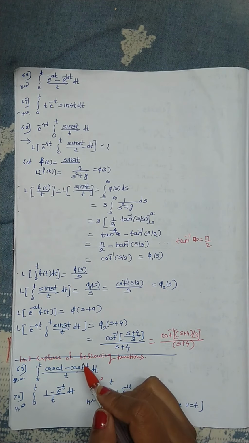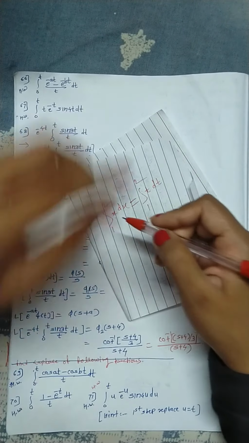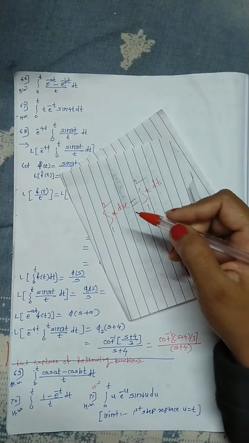Because x and t are just dummy variables. If we change the variable to another variable, the value of the integration doesn't change. That's why it is called a dummy variable.